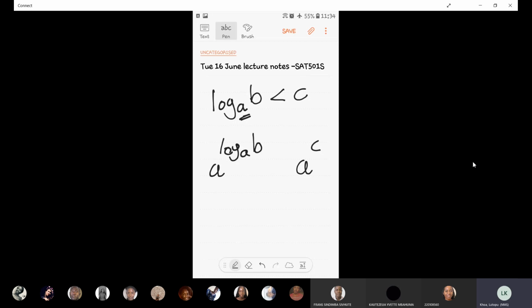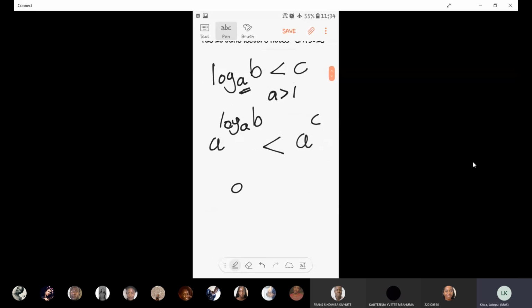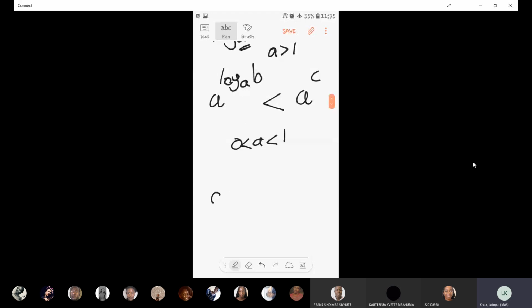Now, if a is greater than 1, then the inequality will remain facing in the direction it has been facing. But if your a is between 0 and 1, then you'll rewrite this as log base a of b, and then you switch the side that the inequality is facing.